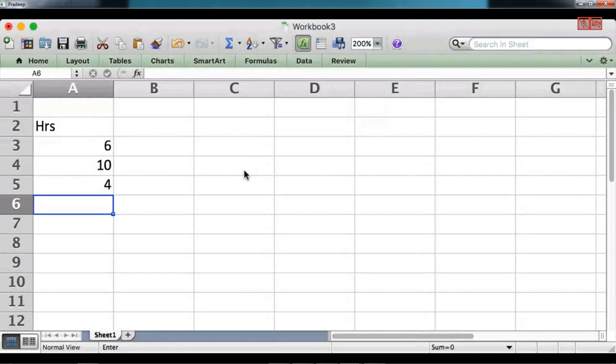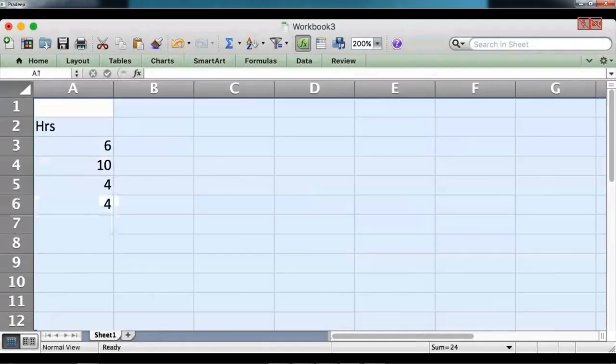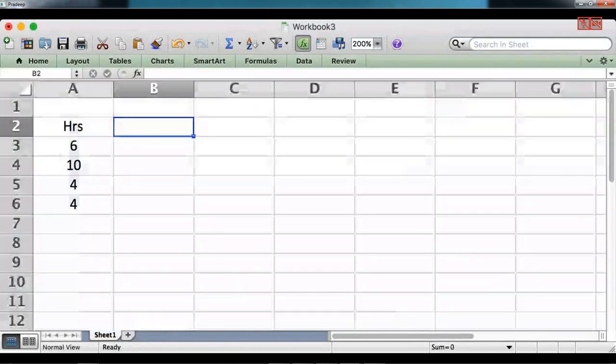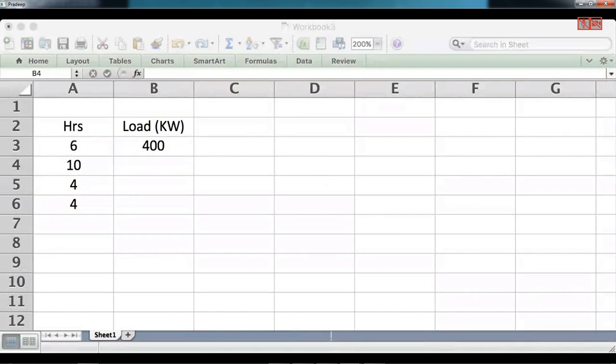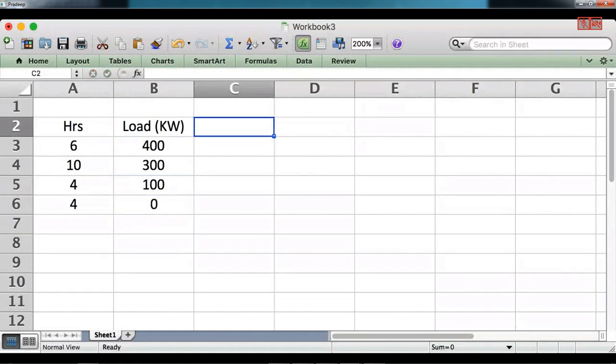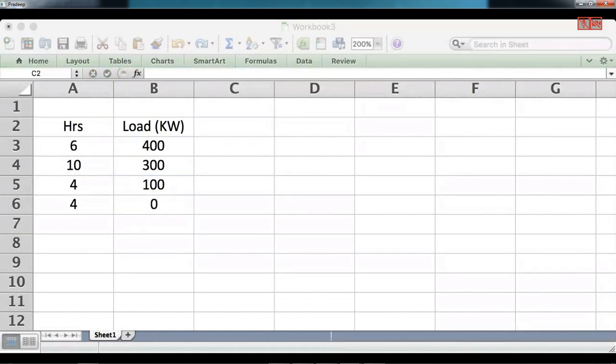So I'll quickly, and then load in kilowatts. So load in kilowatt is 400, then 300, then 100 and 0. I'm just writing the same data once again. And then power factor.